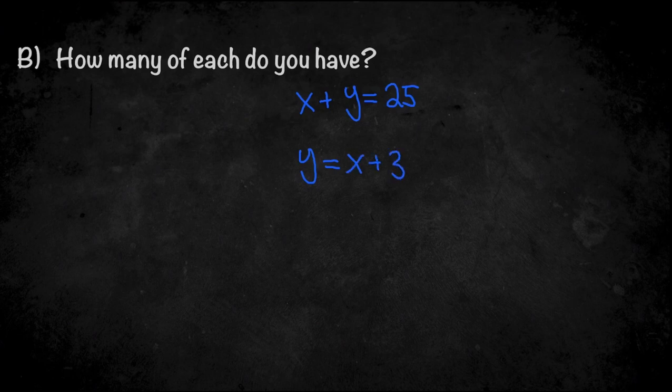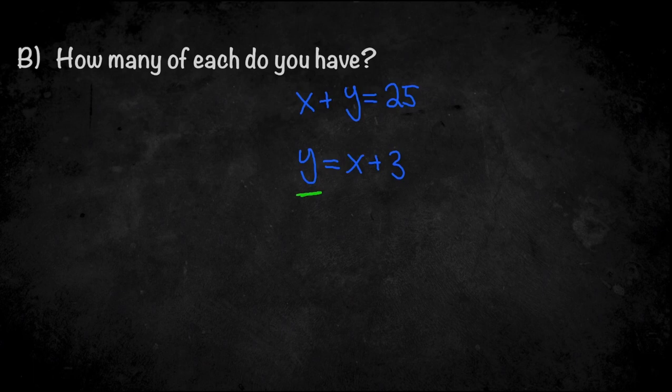Now, what we're going to use is something called substitution. Substitution requires that one of the equations be solved for a variable, which we do have here. Now, to do this, we'll basically substitute variables.